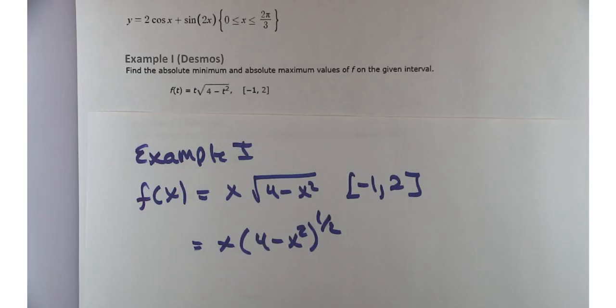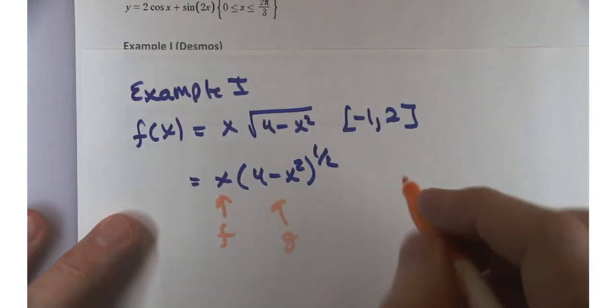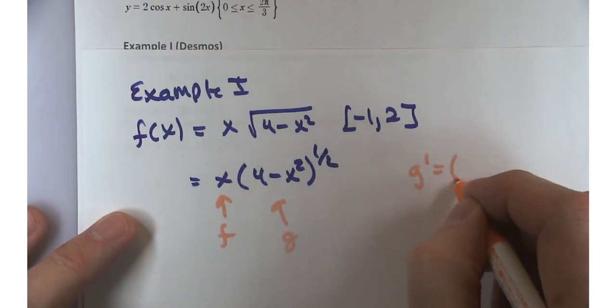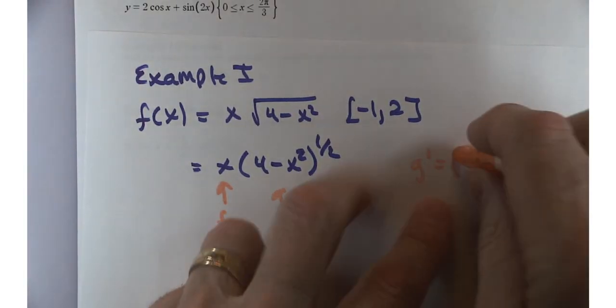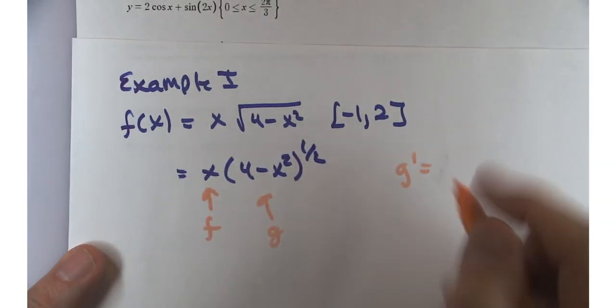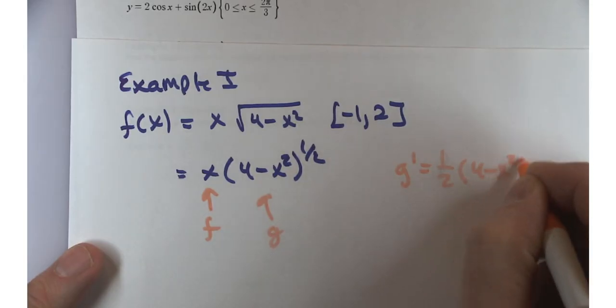All right, so the first thing you do is the product rule. Even though that's just a little x, that's your f, and that's your g. Let me take a moment and write what g prime is going to look like. G prime of x, well, you have to differentiate the outside times the derivative of the inside. So the derivative of the outside is going to be 1/2 times 4 minus x squared to the negative 1/2.